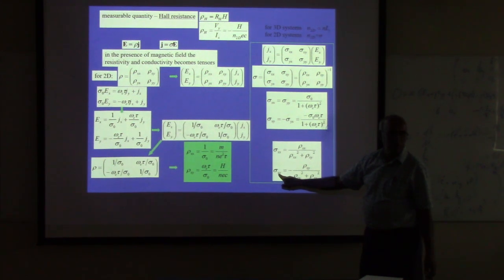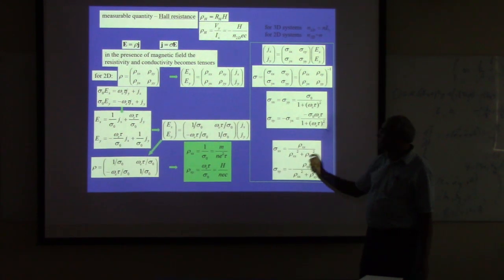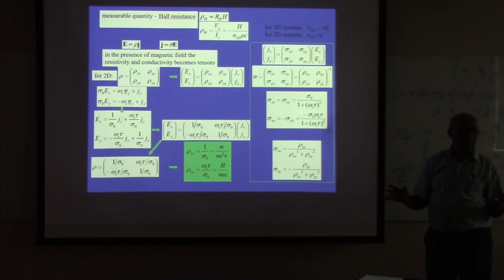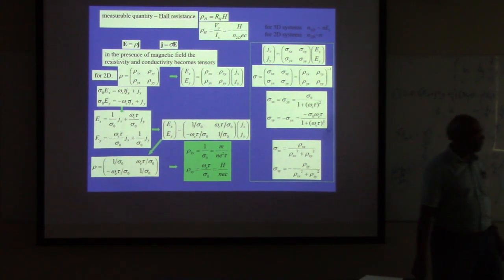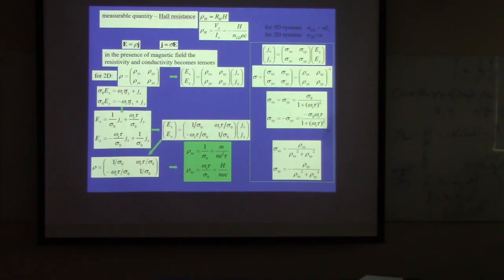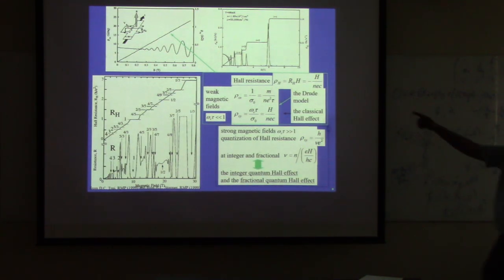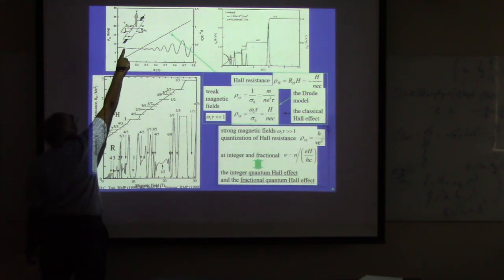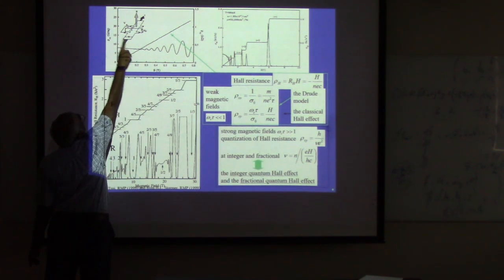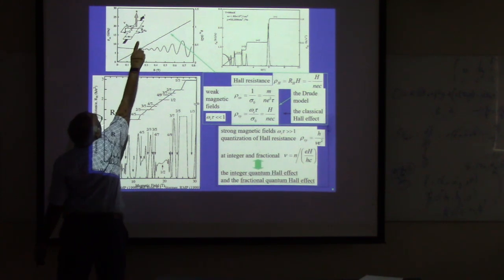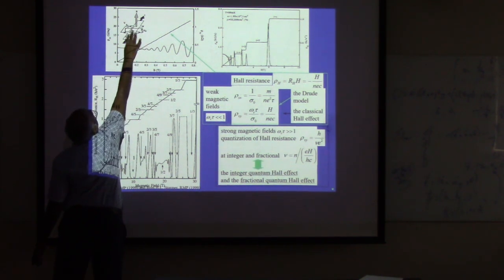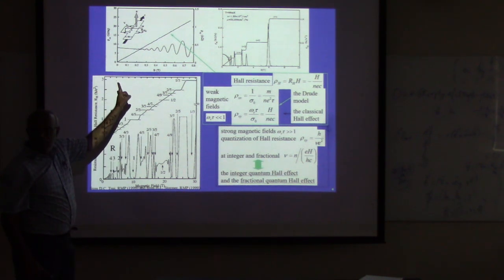This is the origin of something called the quantum Hall effect. I don't know whether you are familiar with it. This is the one I want to talk to you about. This is how you measure the Hall voltage. You can see current is passing this way, and voltages are measured across this, with the magnetic field.